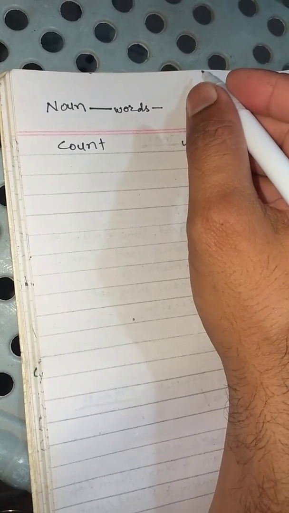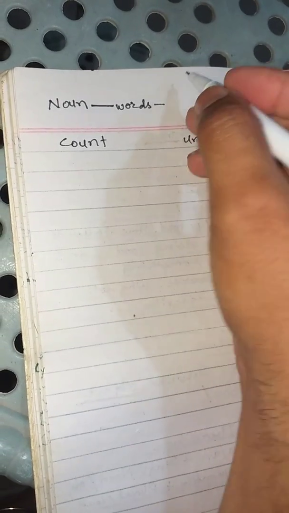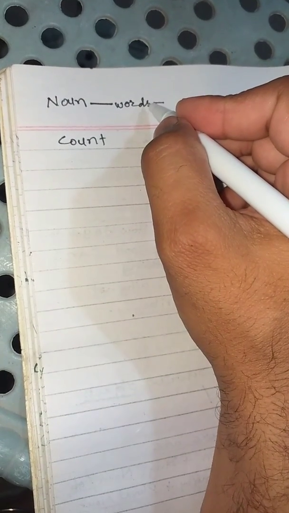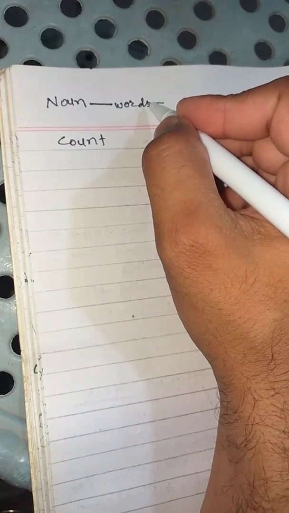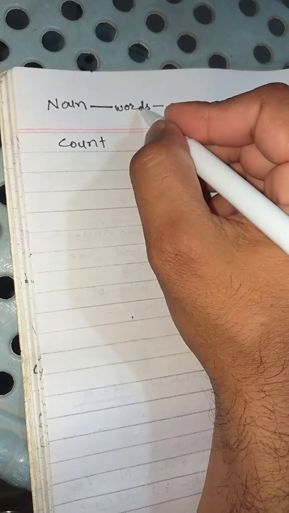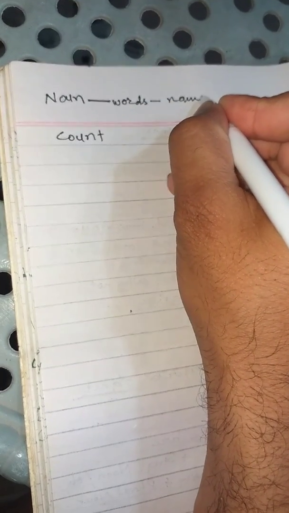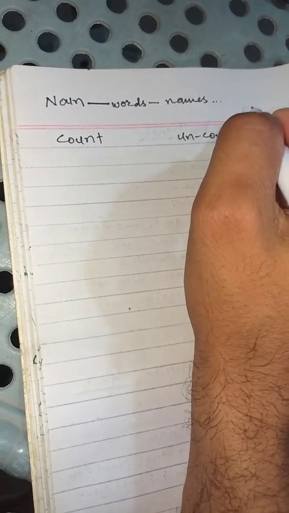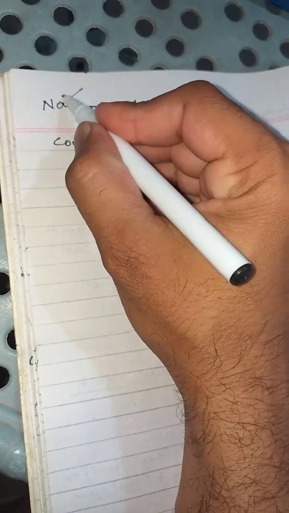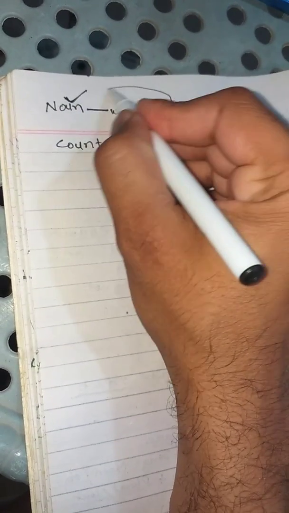But there is a difference in the uses of those words. Those words which are used to give names to different things, places, and persons are known as nouns. It means the naming words are known as nouns.